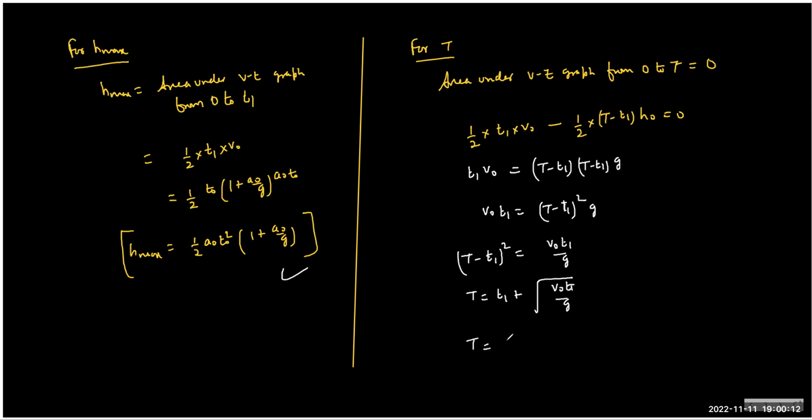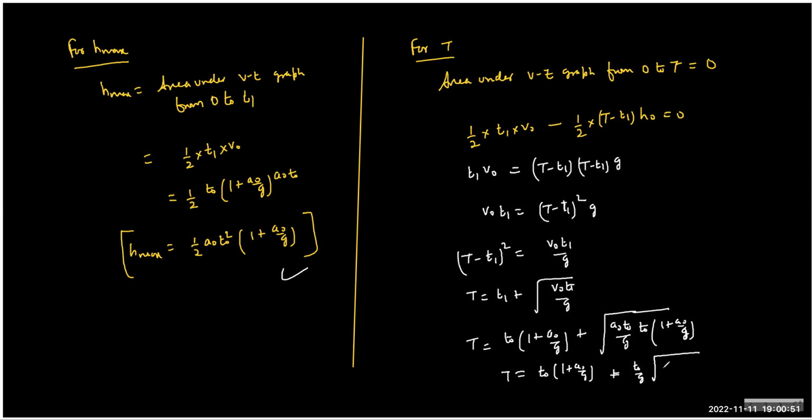So T turns out to be T1, and T1 was T naught plus V naught on T1, plus A naught by G. This way it is becoming a different answer. This is different.